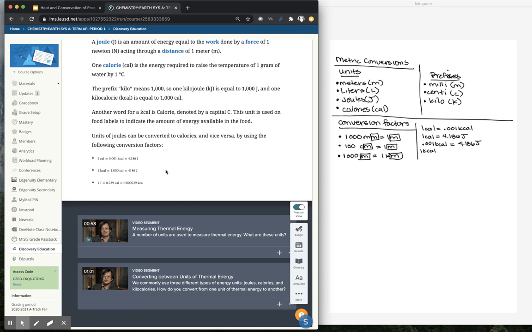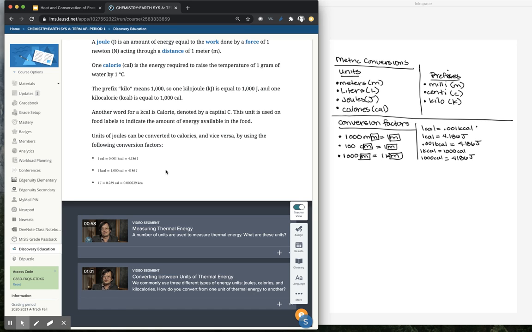The next bullet point right here is 1 kilocalorie is equal to 1,000 calories, which is essentially the same thing that I wrote up here. It's just a little bit different way of writing it. And then 1,000 calories is equal to 4,186 joules.